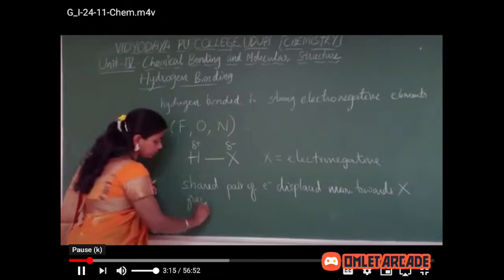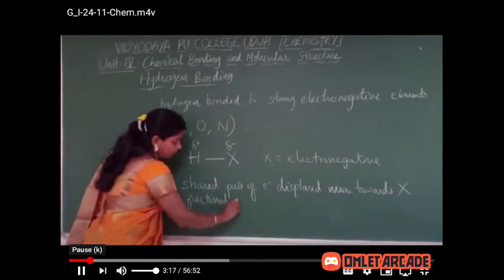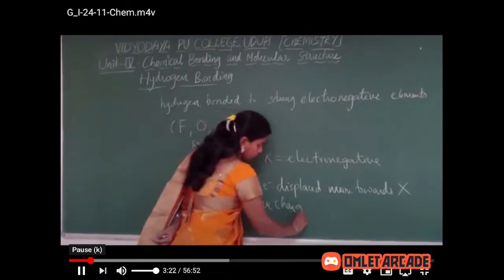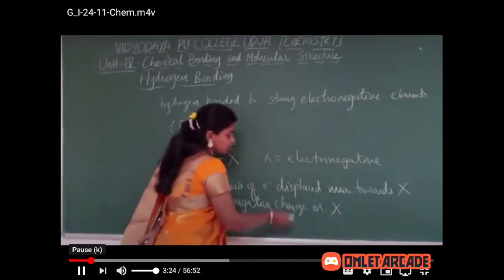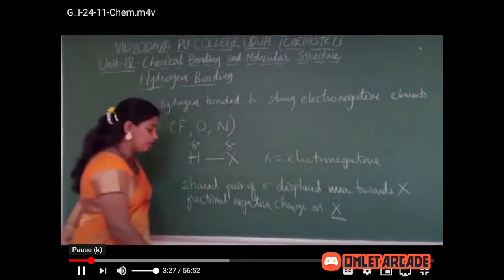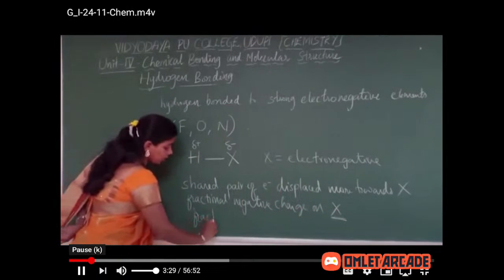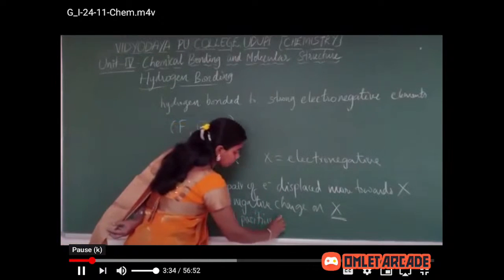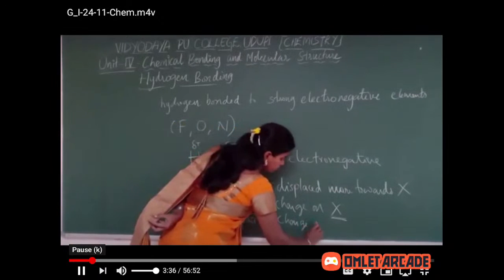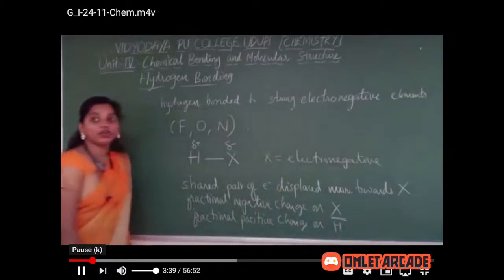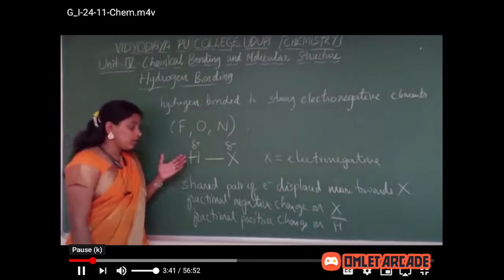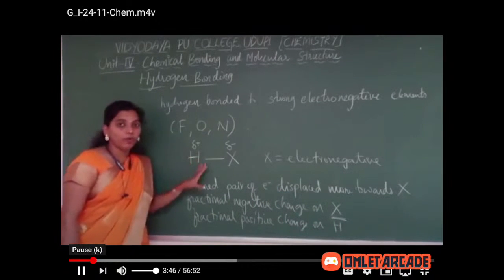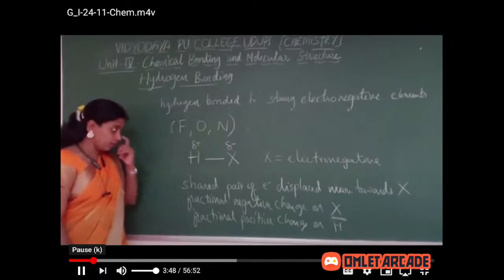Okay, fractional negative charge on X, that is a highly electronegative element, and fractional positive charge on hydrogen. So it leads to the development of polarity, right? There is existence of polarity in the bond.